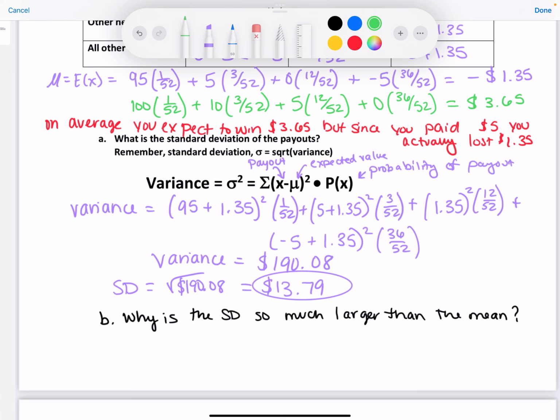And the answer to that would be because there is a lot of variation in payouts. Because you could pay out $95 or you could pay out nothing. So there's kind of a wide spread of options.